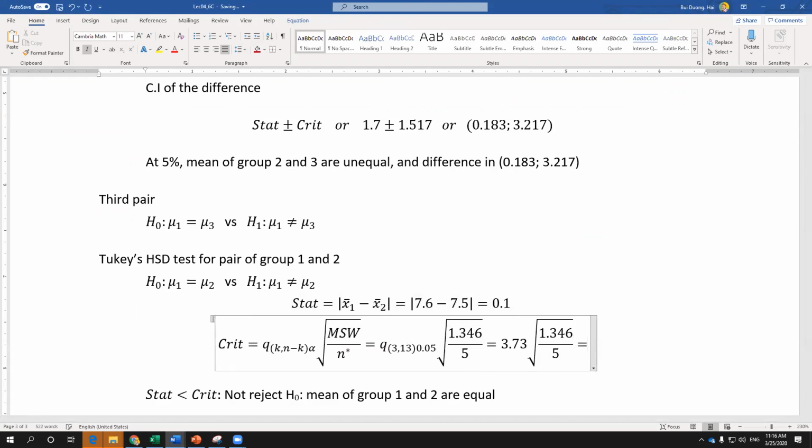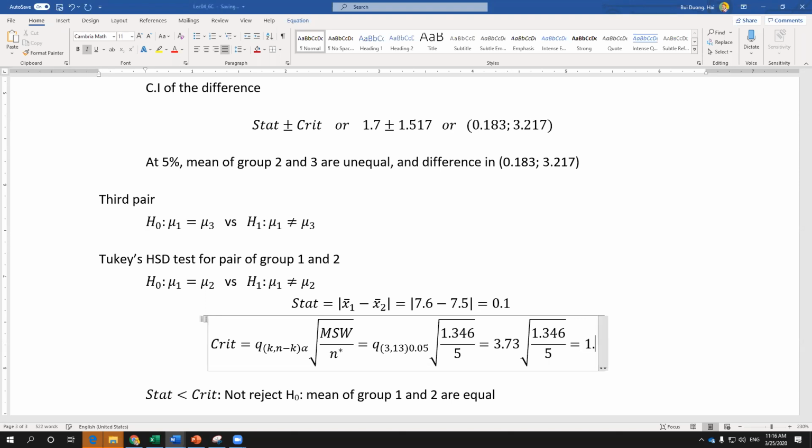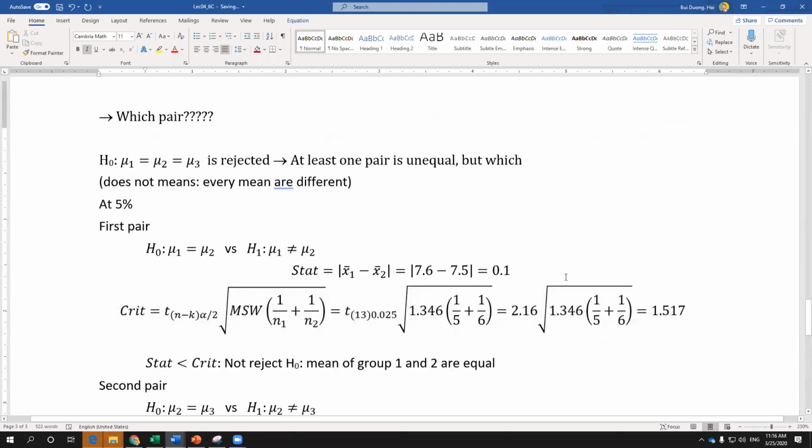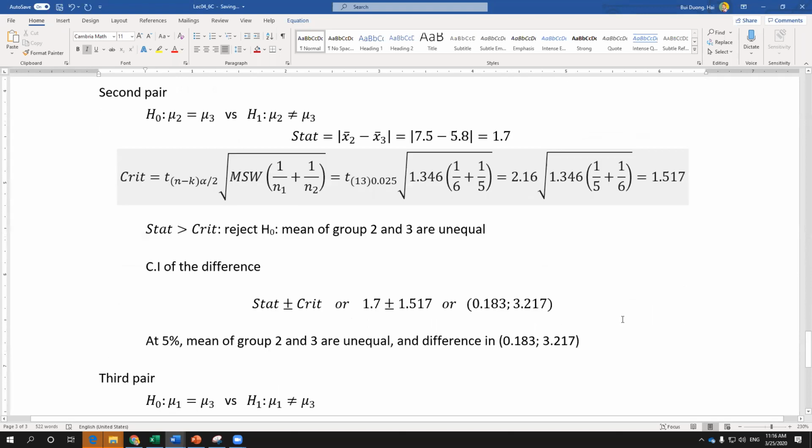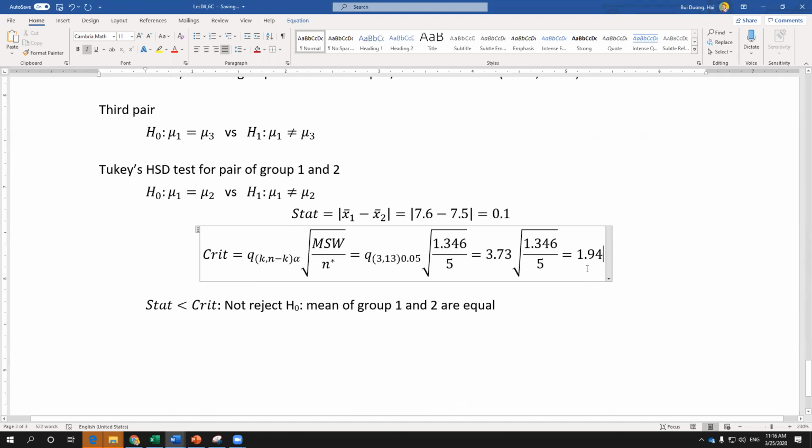How much here? 1.94. The value here is different with the LSD. Using LSD is 1.517. However, using Tukey is 1.94.